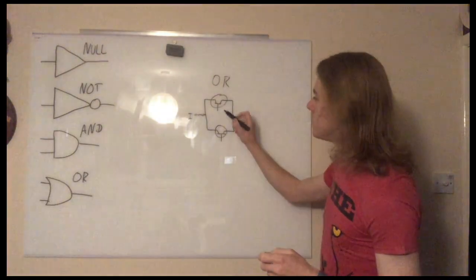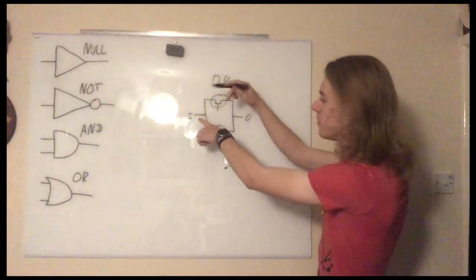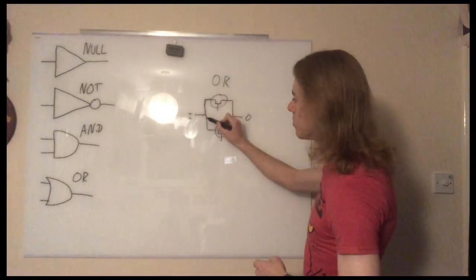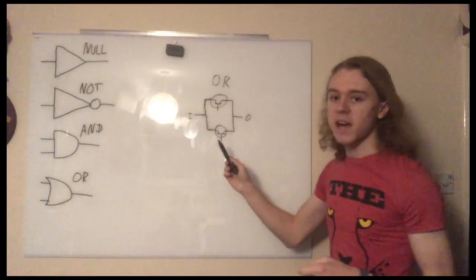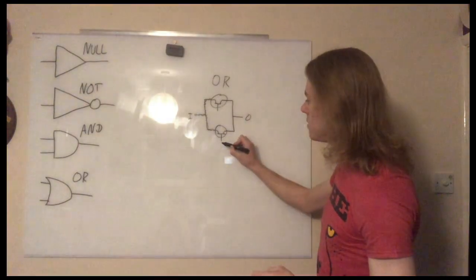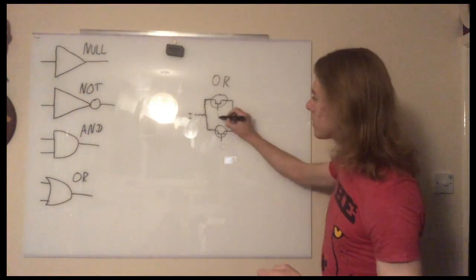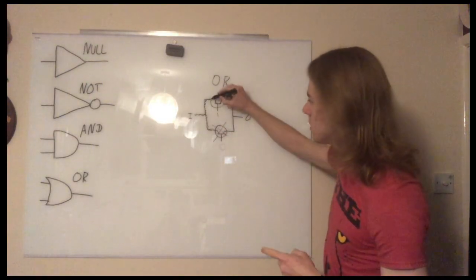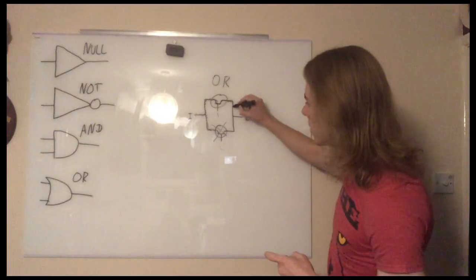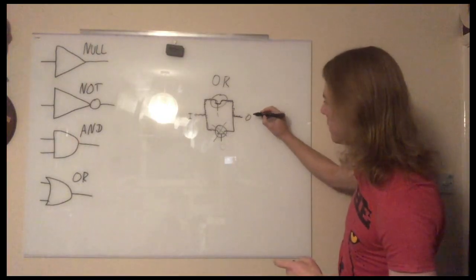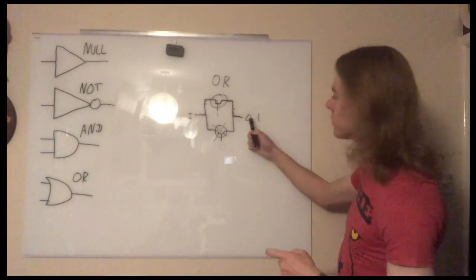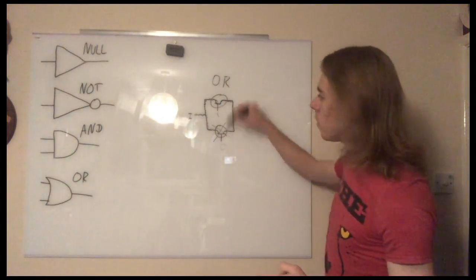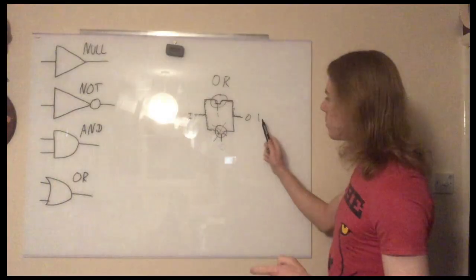So essentially, this charge here can go down this path or this path. So it doesn't matter if this is a 0, as long as that's a 1, because it can't go down this path, but it does still have this path that it can go down, and that is now a 1. That's O for output. So as long as at least one of these paths is free, you can still get the current out the back.